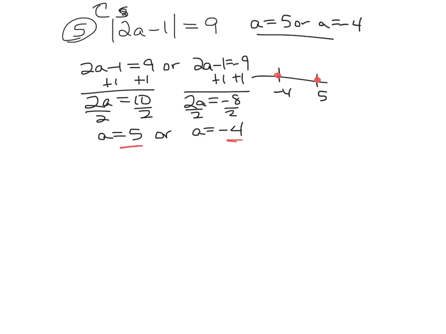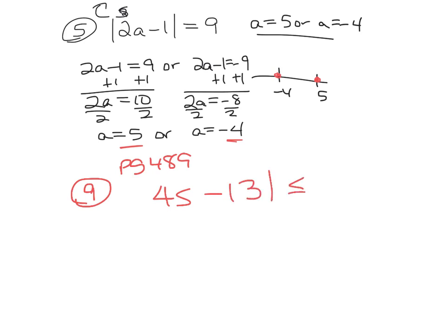Another example might be number 9 from the self-test on page 489. The absolute value of 4s minus 13 is less than or equal to 7. So here, it's already isolated for me.